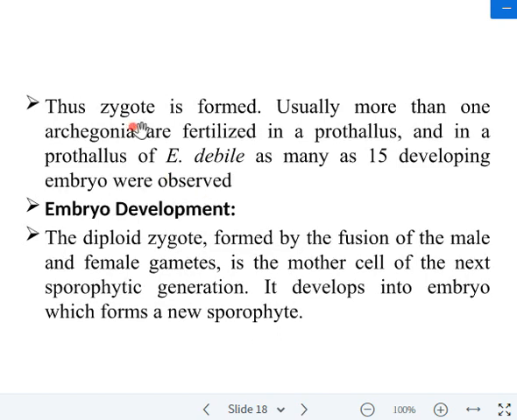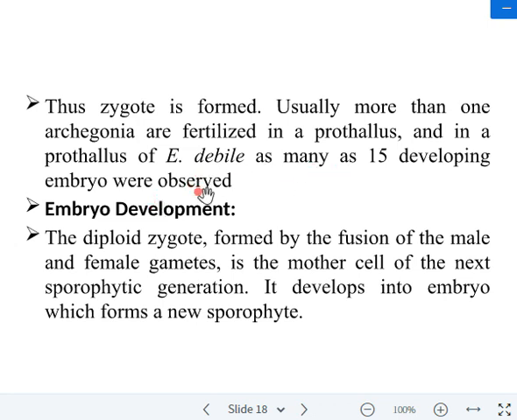Now, as you know very well, the male gamete is haploid and the female gamete, the egg cell, is haploid. So a diploid zygote is developed after the fertilization. Usually more than one archegonium is fertilized in a prothallus, and in a prothallus of Equisetum debile as many as 15 developing embryos were observed.